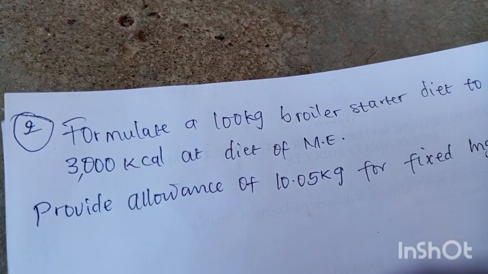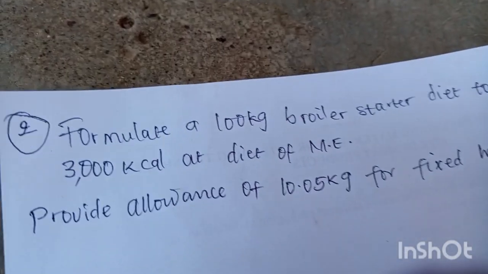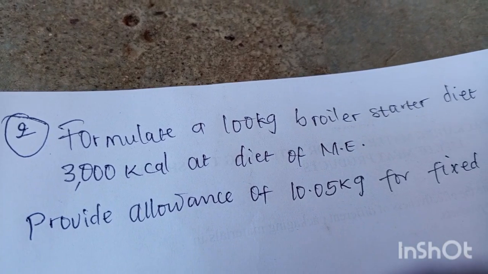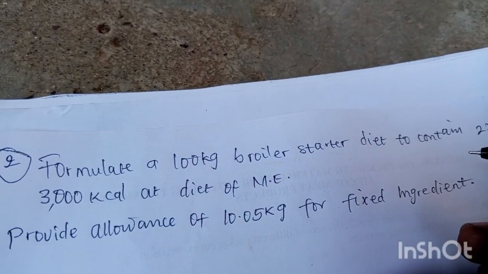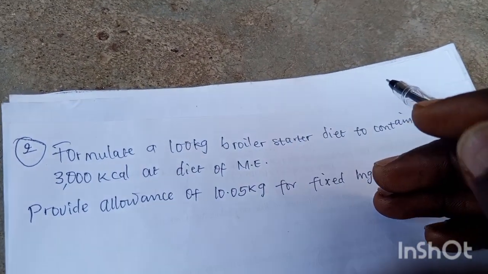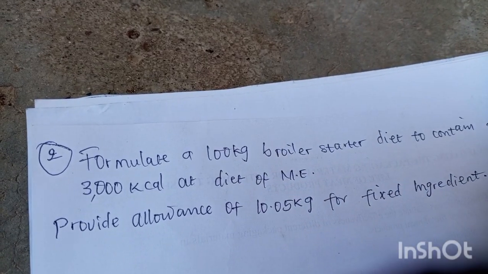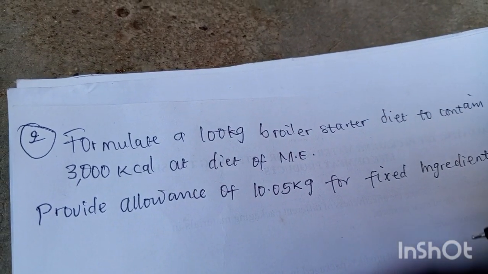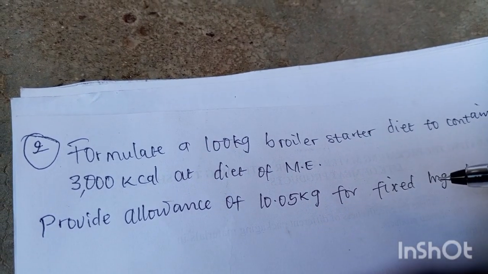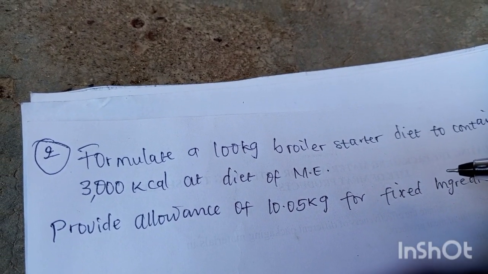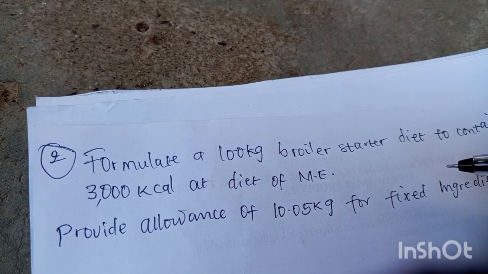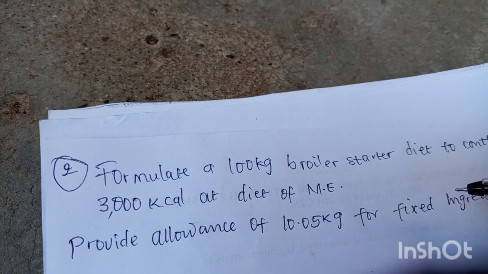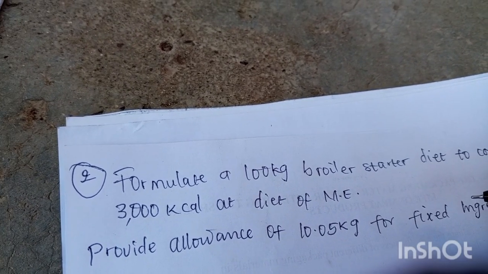In this case, we all know there is a feed ingredient on this already that is not going to be an inclusion ingredient in this particular one we are going to formulate. And in order to provide space for that already existing ingredient, we have to provide 10.05 kg space out of the 100 kg.